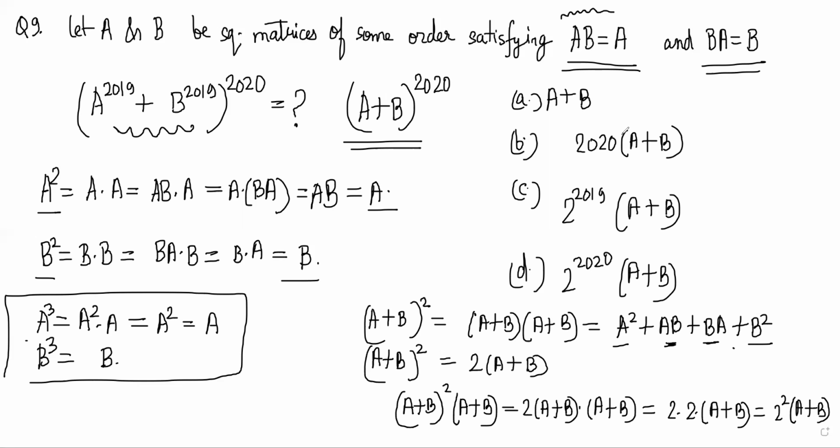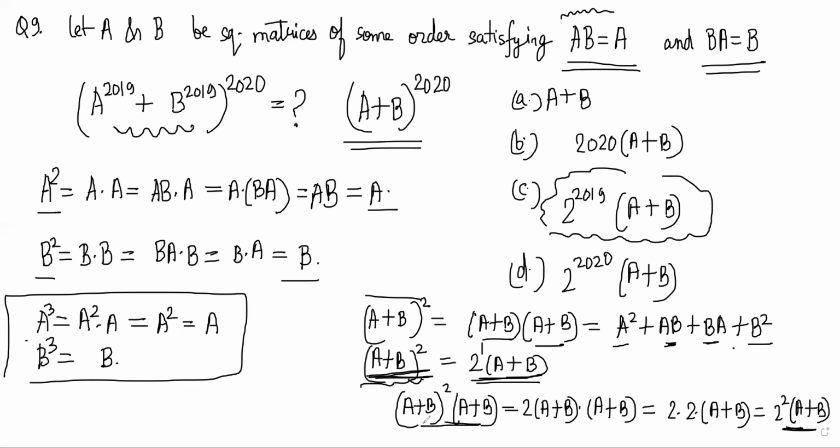So what we are getting is A plus B whole square is 2 power 1 times A plus B. A plus B whole cube is 2 power 2 times A plus B. So A plus B power 2020 should be 2 power 2019 into A plus B, right? We have multiplied and checked, A plus B whole square came as this, and A plus B whole cube came as this.